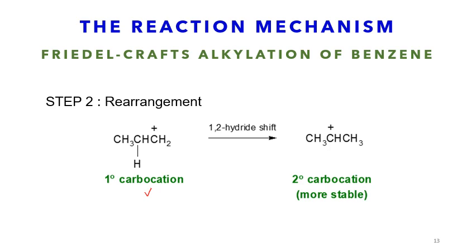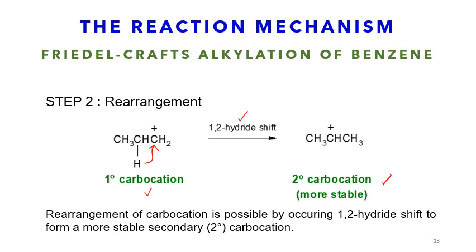The hydrogen atom from the neighboring carbon can be rearranged to the primary carbocation to get a more stable carbocation, which is the secondary carbocation. This reaction is called a 1,2 hydride shift. The rearrangement of the carbocation is possible by the 1,2 hydride shift to form a more stable secondary carbocation.